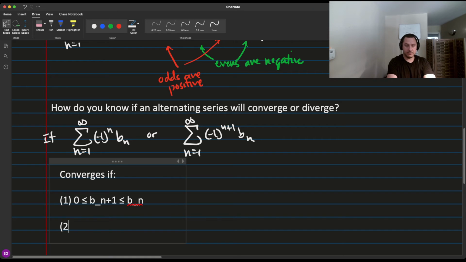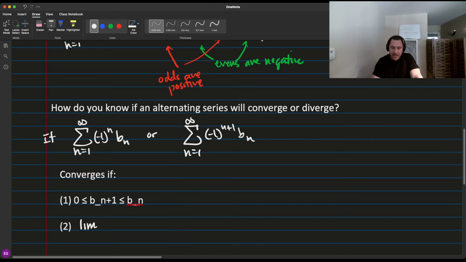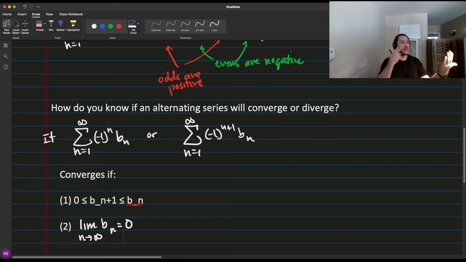And if this is true, here, I'll just write it. So if the limit as n goes to infinity of your sequence is equal to 0, so if you look at those terms, remember the bn is just the positive terms? The minus 1 to the n or the minus 1 to the n plus 1 is what makes it alternate.